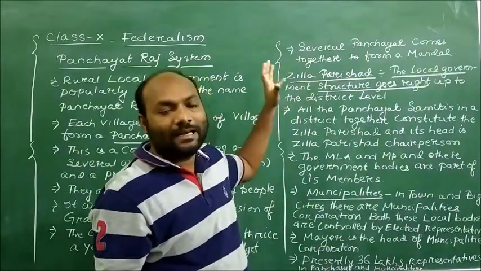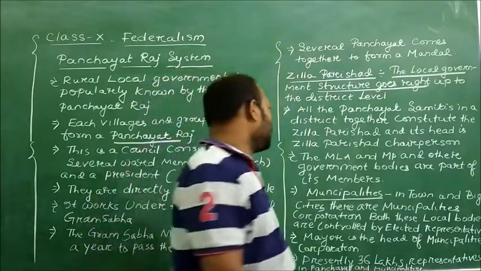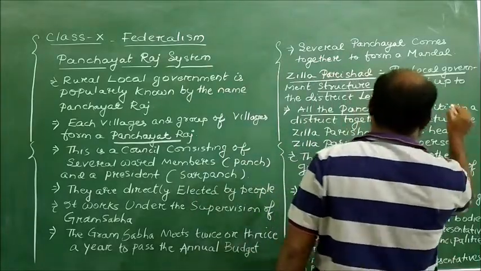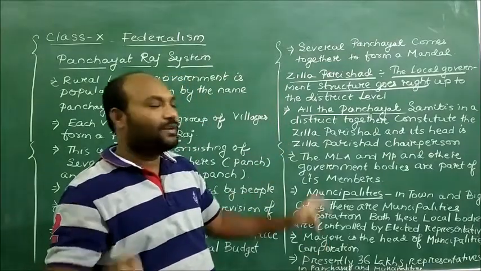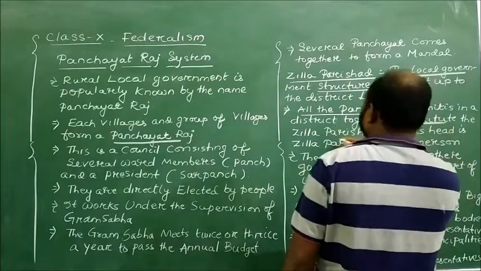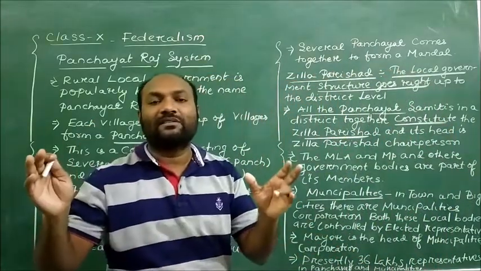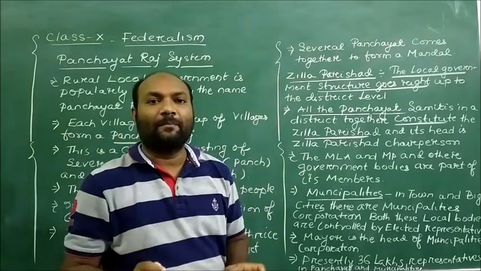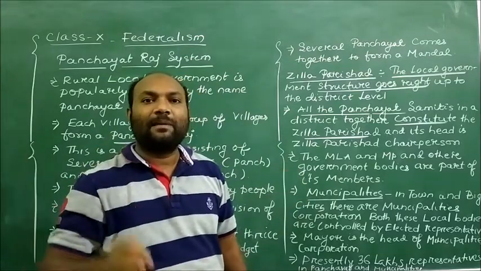And at the district level we see the Jilla Parishad. How is the Jilla Parishad formed? When all the panchayat samitis in a district come together, they constitute the Jilla Parishad. And who is the head of the Jilla Parishad?